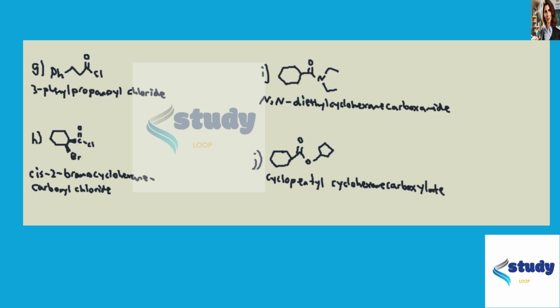And remember, if this were an open chain instead, if it were a 6-membered chain instead of a 6-membered ring, we would just call it cyclopentyl hexanoate. But it is a ring, so we do need to call it cyclohexane. And then we need to account for the fact there is a carbonyl here. So it's cyclohexanecarboxylate. And so that is the answer to J.